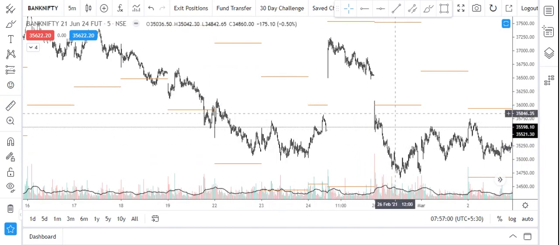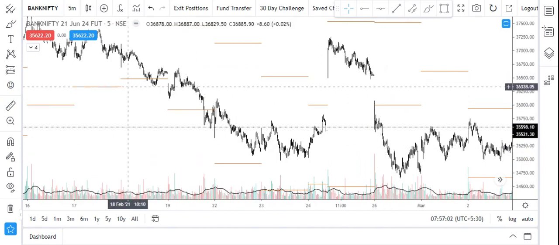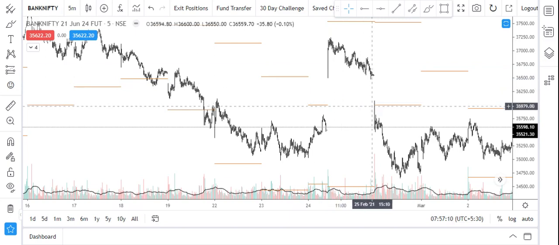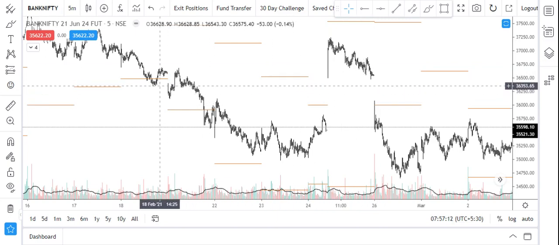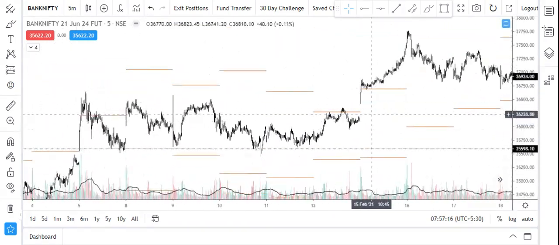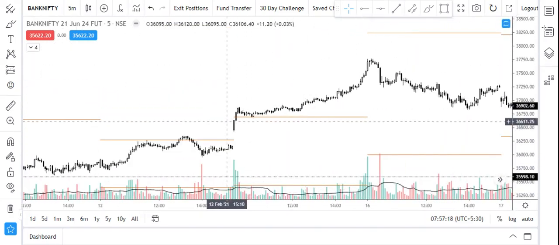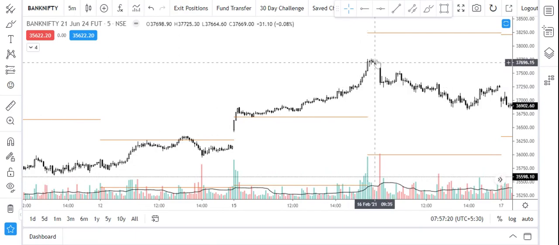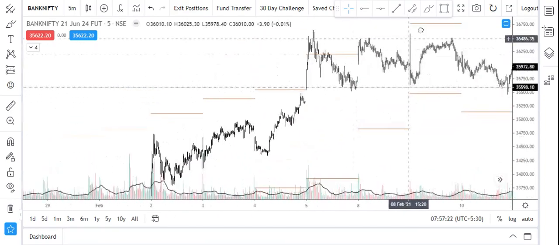The market usually doesn't break R2 and S2. It tries to stay within the R2 and S2 levels, and that's where the option sellers make their money. Once the breakout comes, they will forcefully square up their positions, and that's a big market for option buyers. Again, when the breakout comes in the morning itself, there's a big move after that.